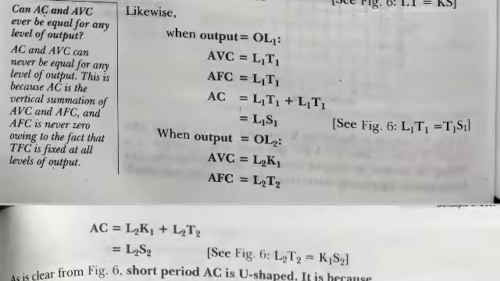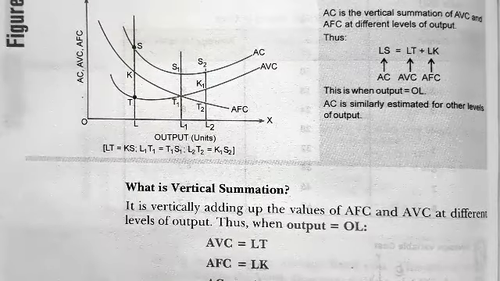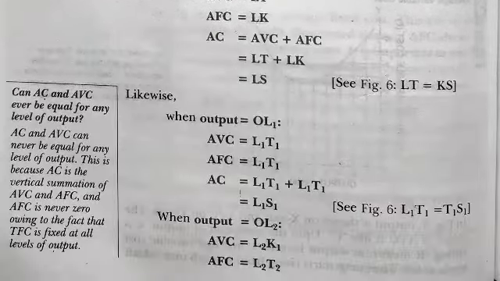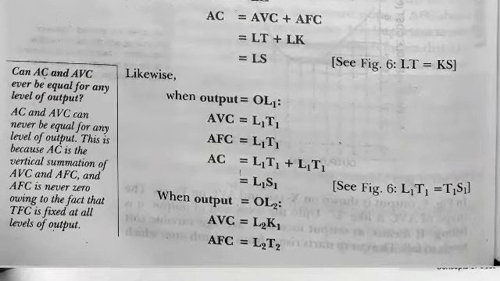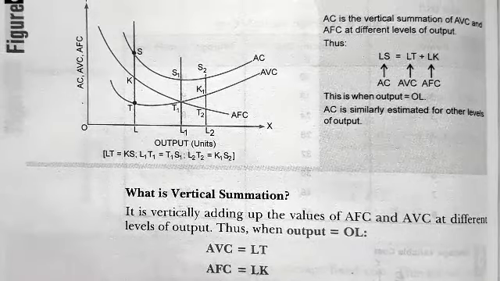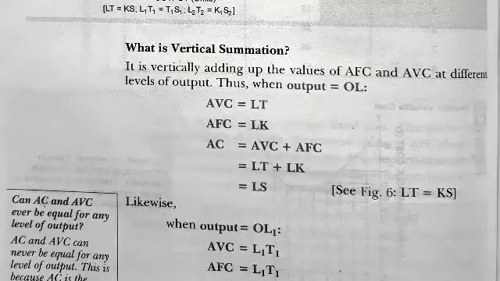Average fixed cost will be L2T2. Average cost will be equal to L2K1 plus L2T2, which is equal to L2S2. देखिए, average cost will be equal to L2S2.